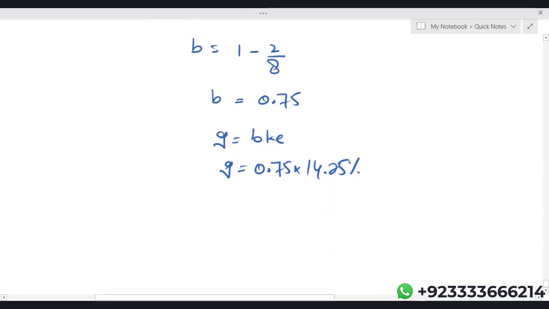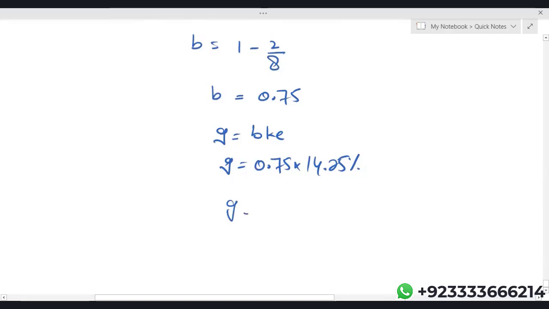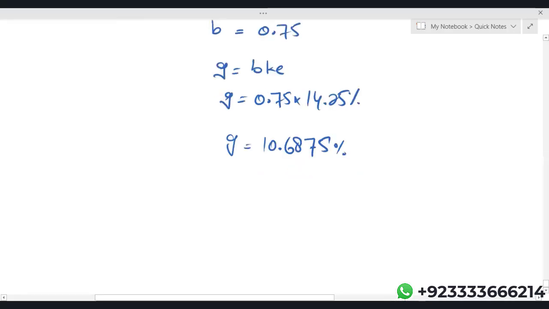We are getting annual dividend growth rate of 10.6875%. Or you can just take 10.68, no issue at all. It's 10.69. It's all acceptable.